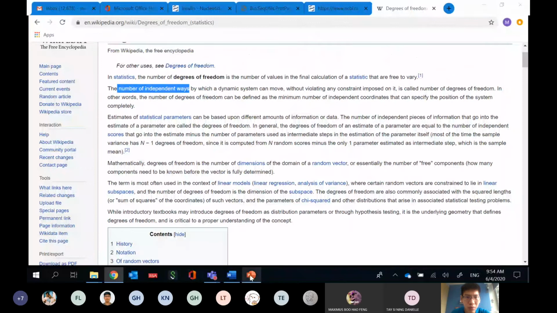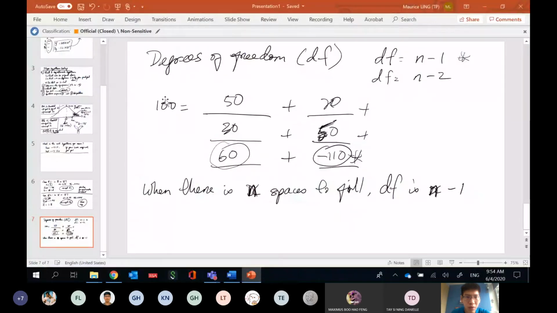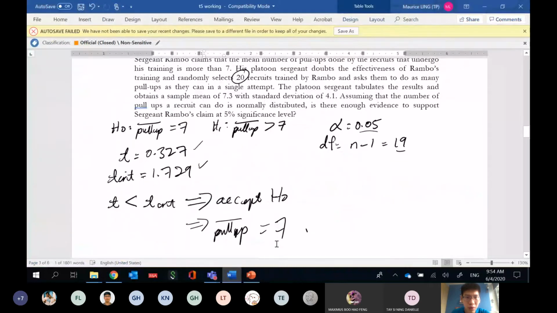The constraint that I impose on it is that these 6 numbers have to be equal to 100. That's a constraint. But the way that it can move is only 5 out of 6.